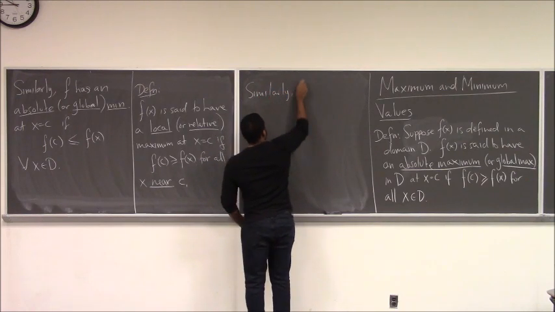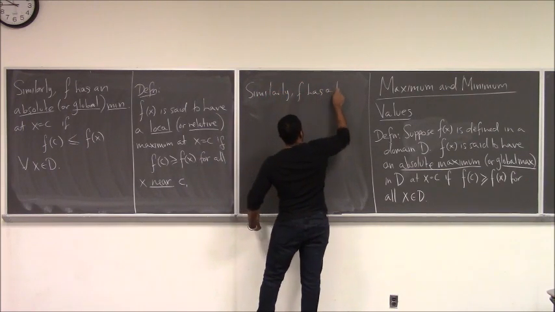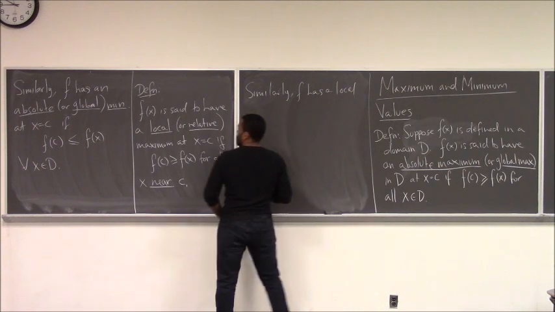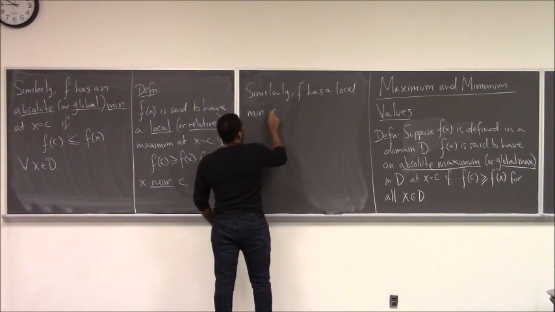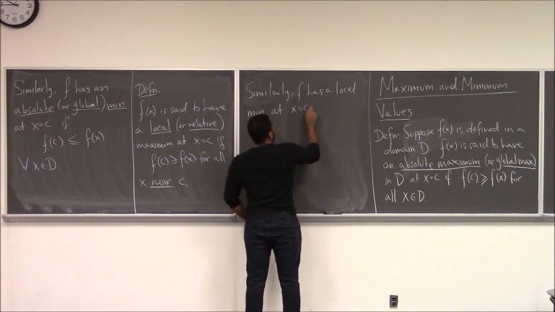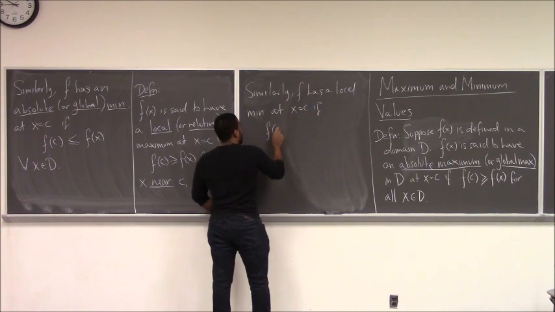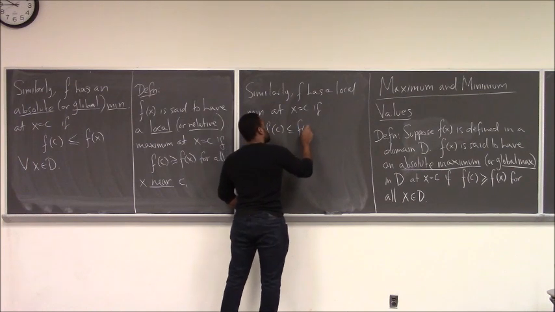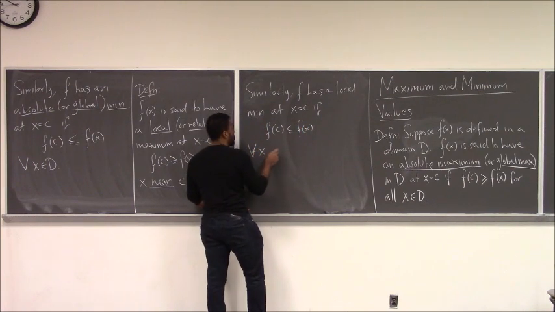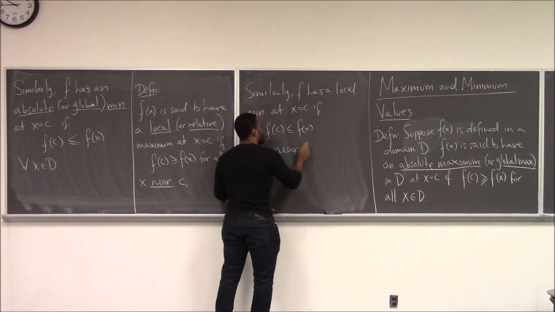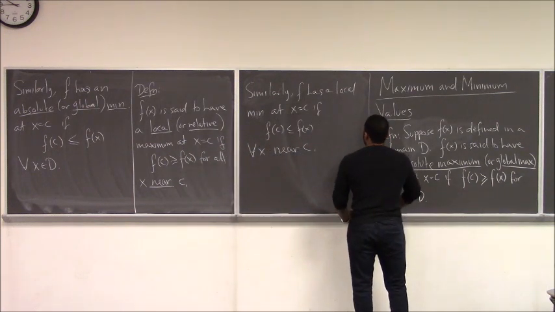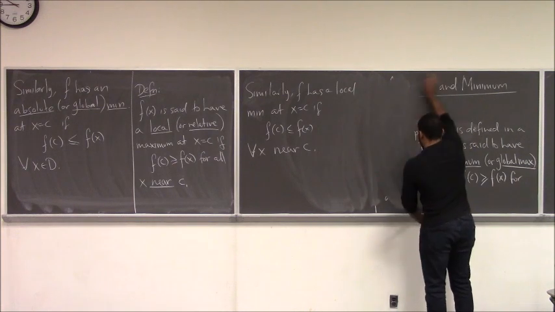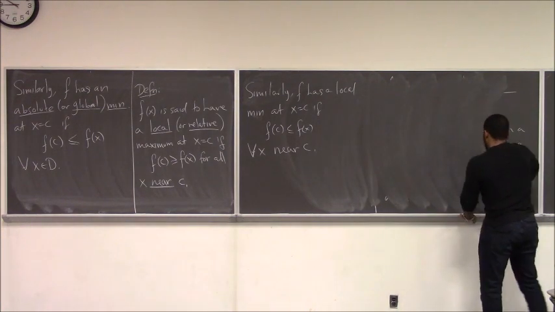Similarly, f has a local minimum at x equals c if f of c is smaller than f of x for all x near c. Let's look at some illustrations here, to make sure that we understand these definitions.